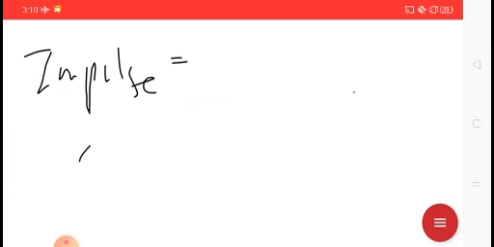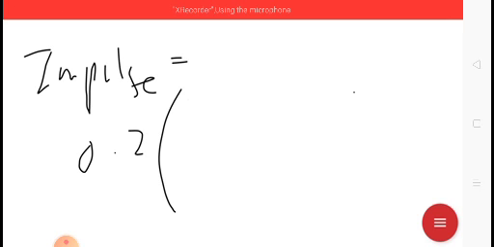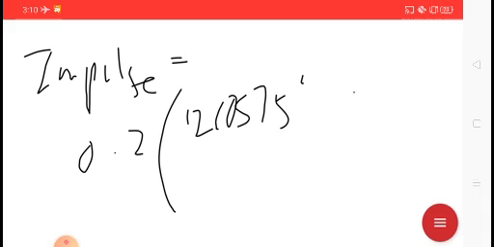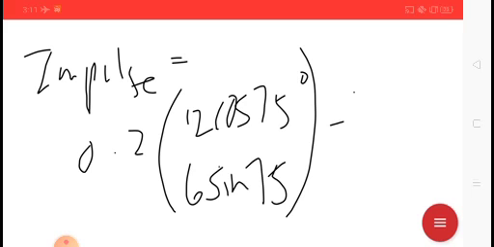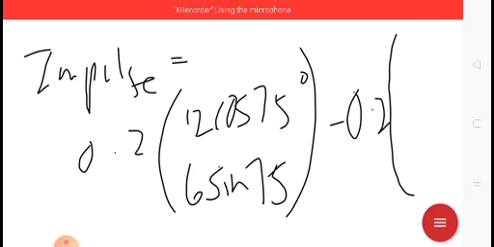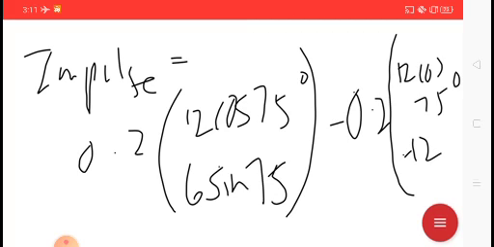Okay, 0.2 times 12 cos 75, the x component, and the y component just now we calculated, sine 45. We assume go up, the impact will be positive, and 0.2, and you have 12 cos 75, and negative 12 go inside is a negative.